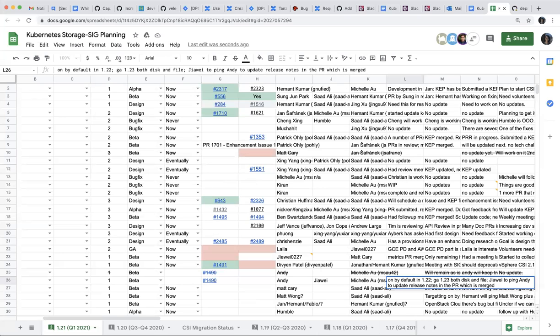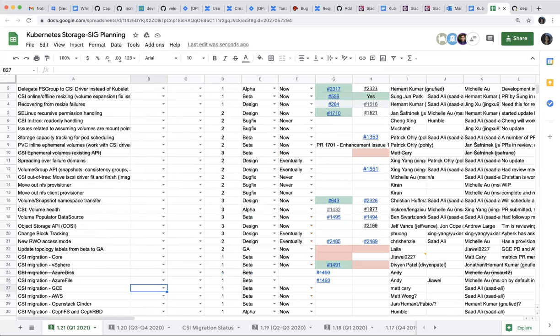We need to document both the FS group behavior and the node stage, like you cannot use the same FS group multiple times. Is that probably 2 PRs? It's just 1 PR, with the release notes capturing both behaviors. Hemant, can you help ping Andy to talk about it, since you're familiar with exactly what needs to be deprecated? Yeah, I can ping Andy. Thank you.